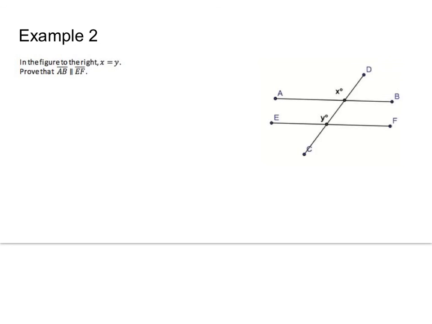All right, in the figure to the right, x equals y. Prove that segment AB is parallel to segment EF. Okay, this one's pretty simple because we just put that tool in our toolbox. So if I say that x equals y, it's given, right?